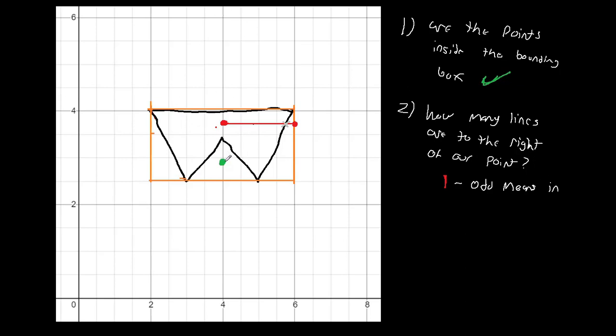Let's go ahead and do our green point here. Again, same concept. We're going to draw a horizontal line from the point to the right until we hit our x max. Now, how many lines does this intersect? Well, it intersects 1 right here. It intersects 1 right here.